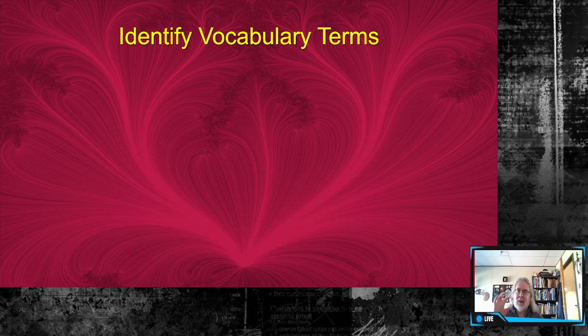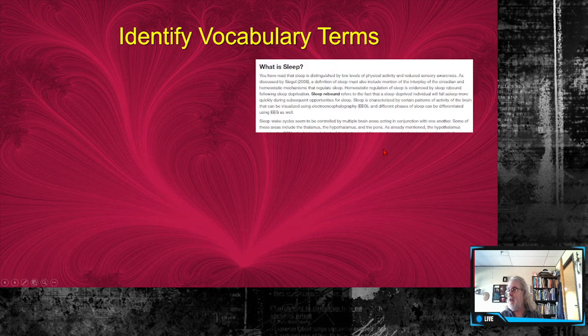You can tell the vocabulary terms because I have them in bold, italics, and a shade of green. I do that to help you pick them out. Some textbooks just do it in bold. As we can see in this example, sleep rebound is in bold.